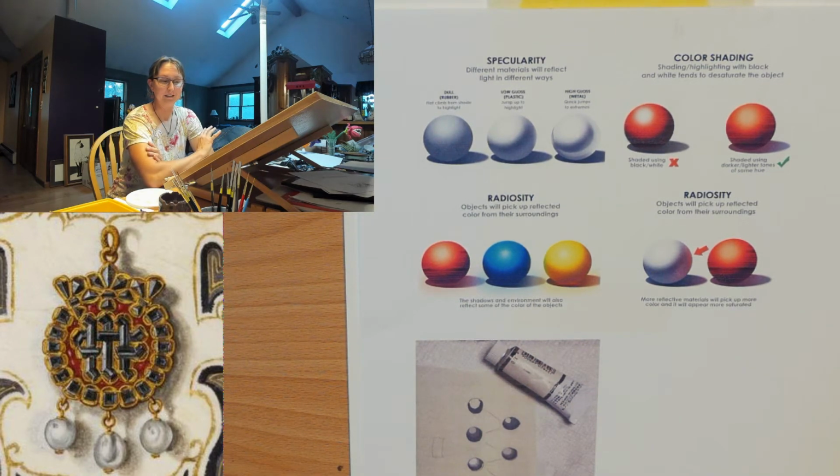Using different tones of the same hue will give you a more natural looking shading, whereas black and white won't look natural. The exception to that being pearls, which are shades of gray. So we are going to be using some black and white on there.